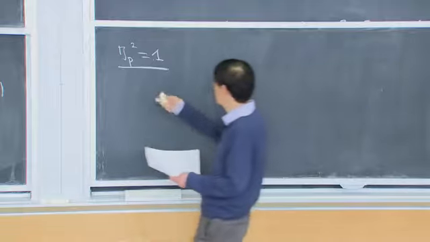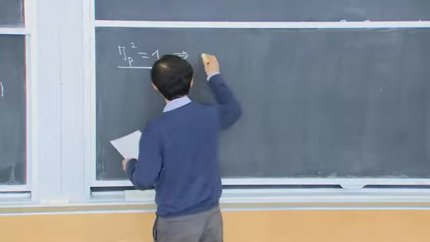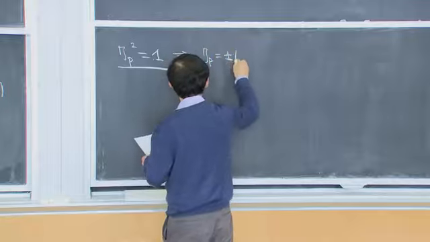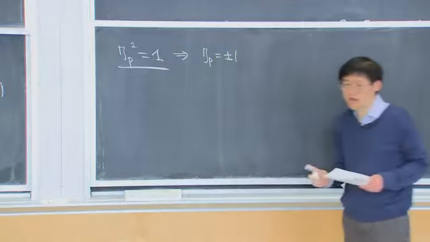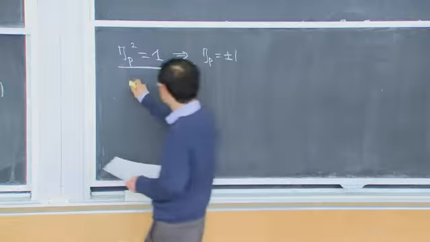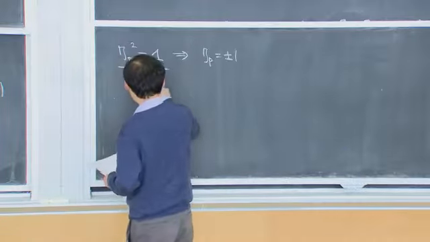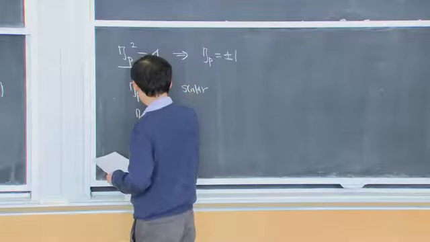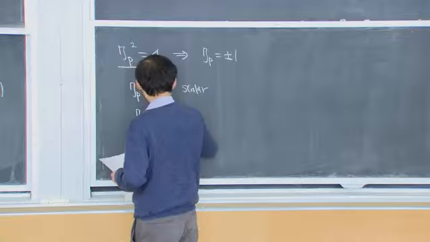So if you want the symmetry to come back to itself, then eta_P can only be plus or minus 1. It can be minus 1; it does not have to be plus 1. When eta_P is equal to +1, we call it a scalar. When eta_P is -1, we call it a pseudoscalar.